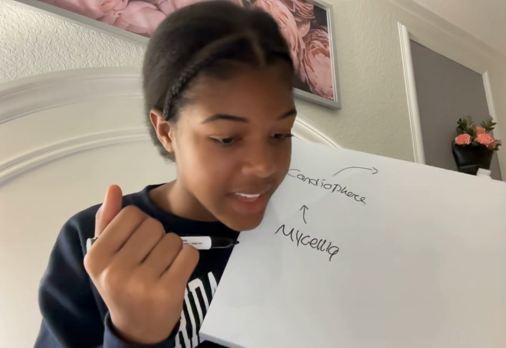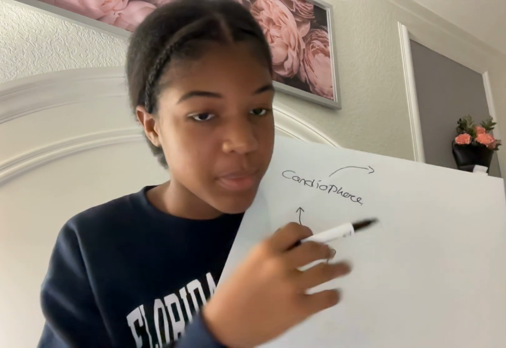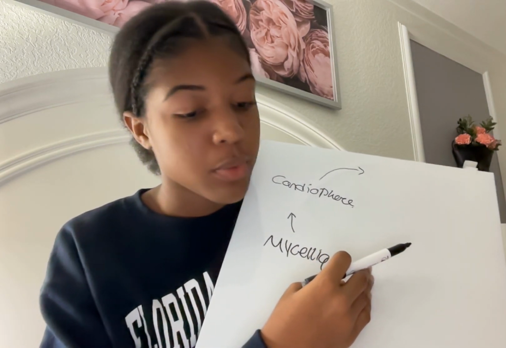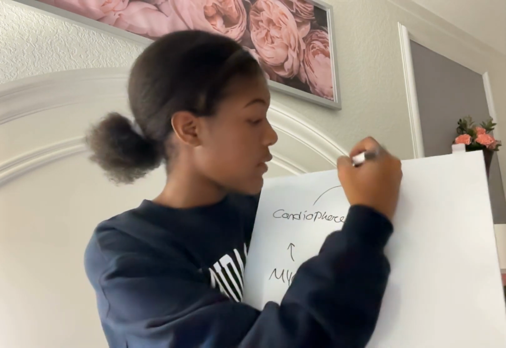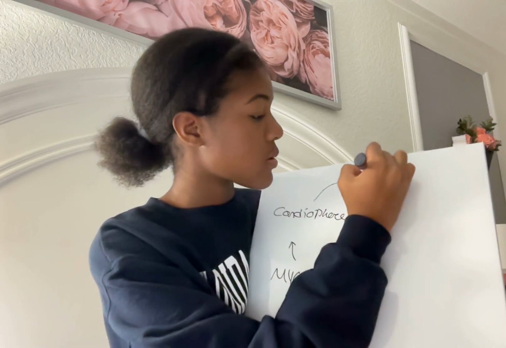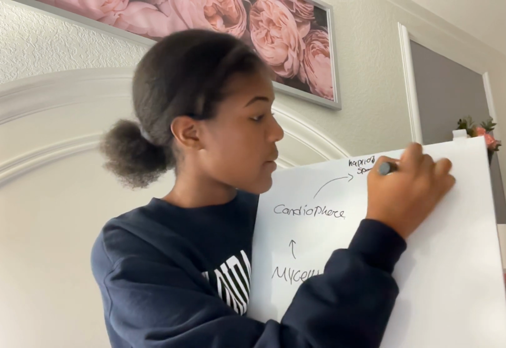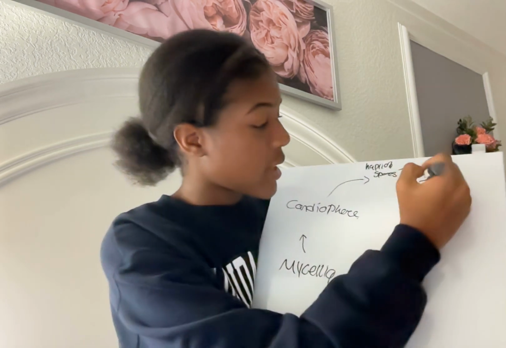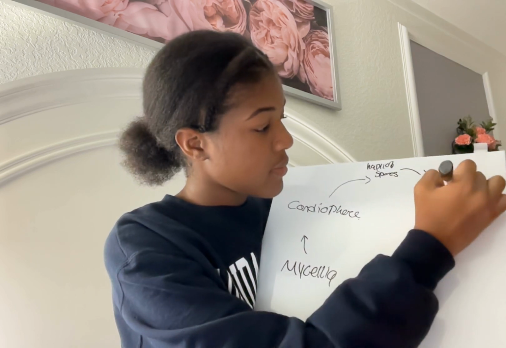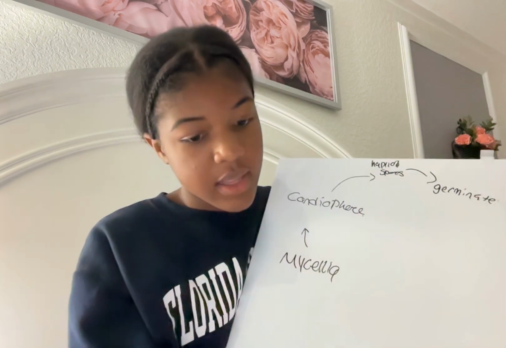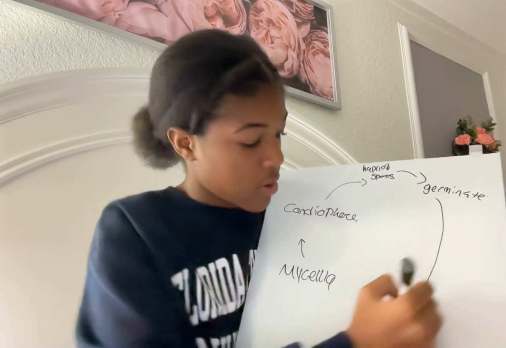Then the Ascomycota can reproduce asexually by producing pigmented haploid spores. It gives off haploid spores, which germinate, and then the hypha germinates, and we start all over again.